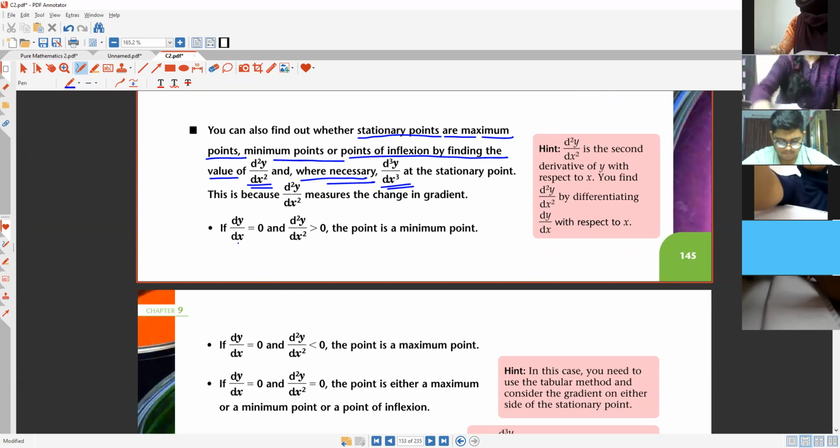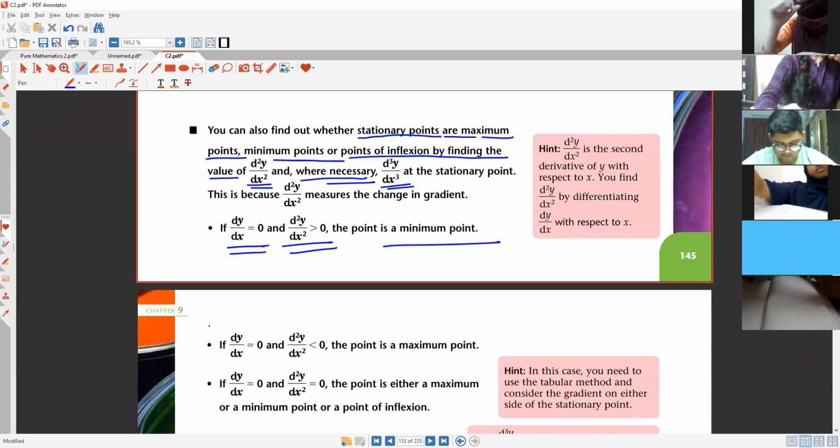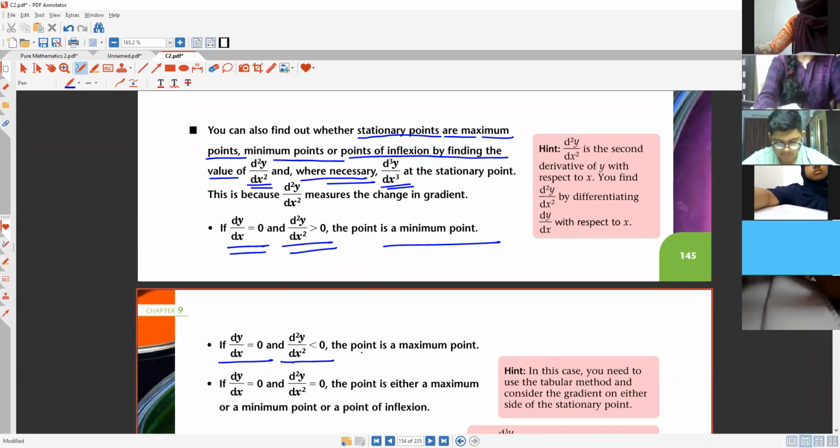See what they wrote. If dy by dx equals 0, and if your double differentiation is greater than 0, it's a minimum point. If the single differentiation is 0, and if double differentiation is less than 0, it's a maximum point. If the first is 0 and the second differentiation is also 0, it can be either maximum or minimum or point of inflection.